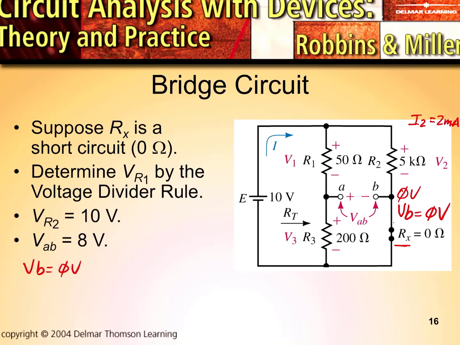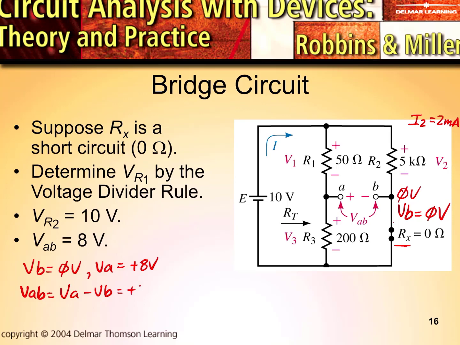Now let's figure out VA. Well, VA hasn't changed, has it? Previously, we determined that VA is 8 volts. Based on the fact that VA hasn't changed because there's been no change in the resistance of that branch, we can say that VAB is equal to VA minus VB.